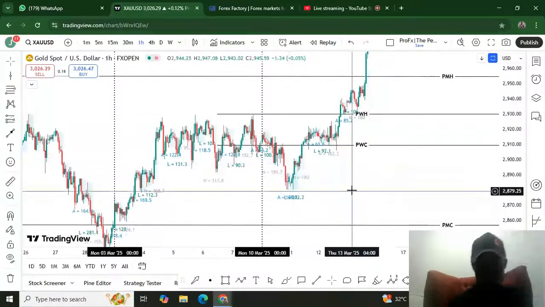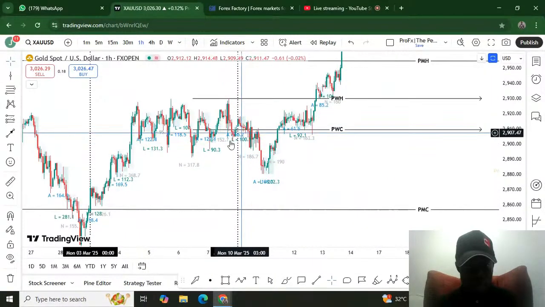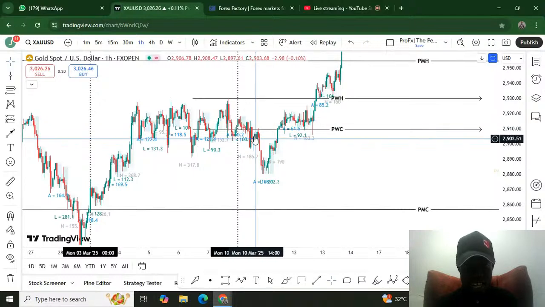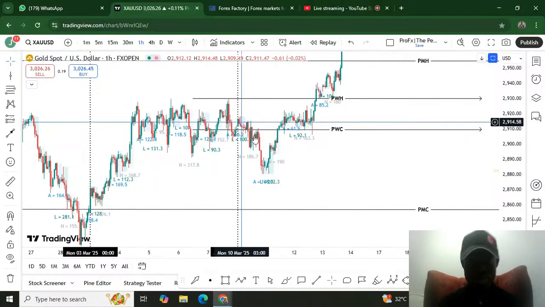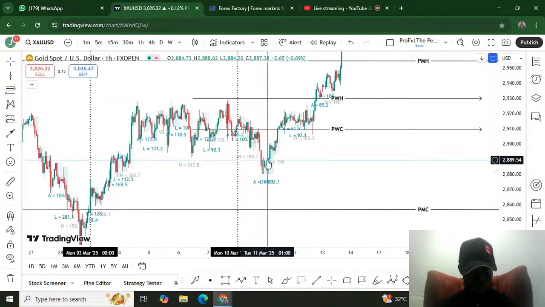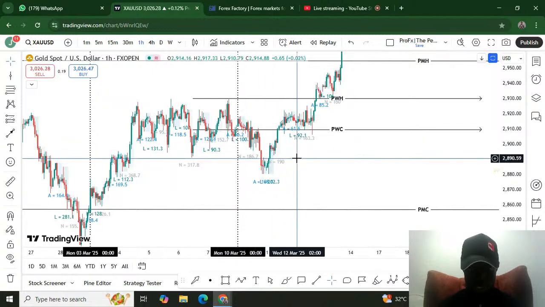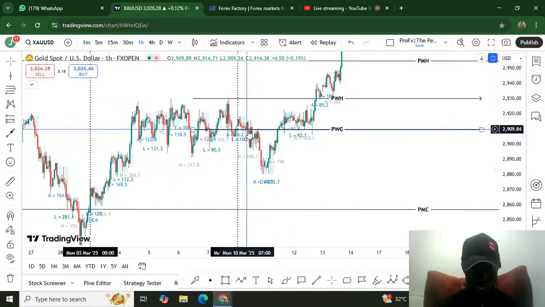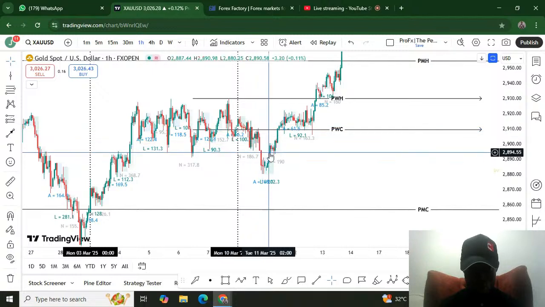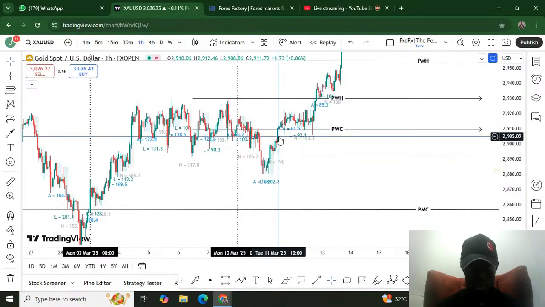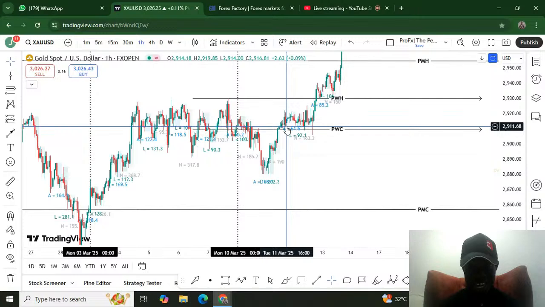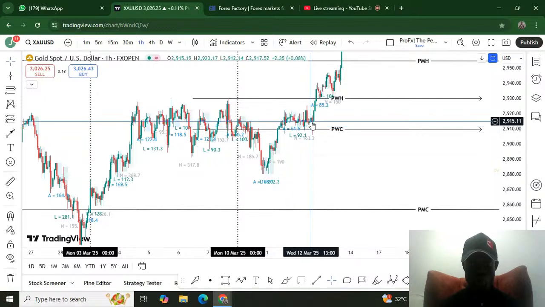Now pay attention to what happened. We opened Monday and started trading below the previous week's close. That was on Monday and Tuesday. Monday we were selling, Tuesday we were selling. Then Wednesday we are now trading above the previous week's close.